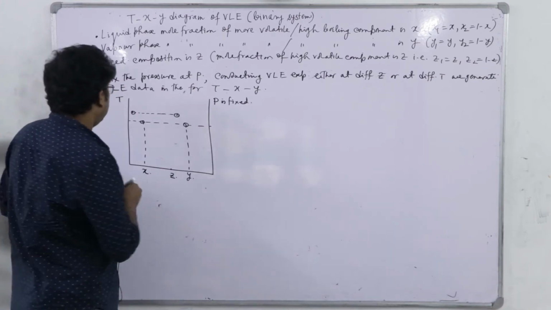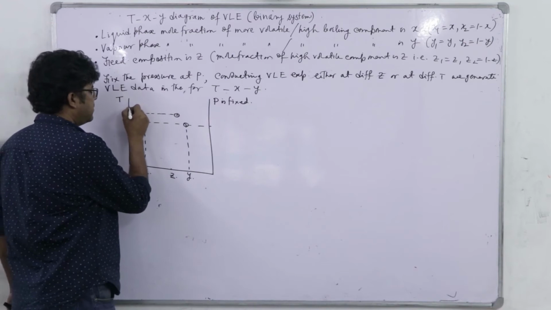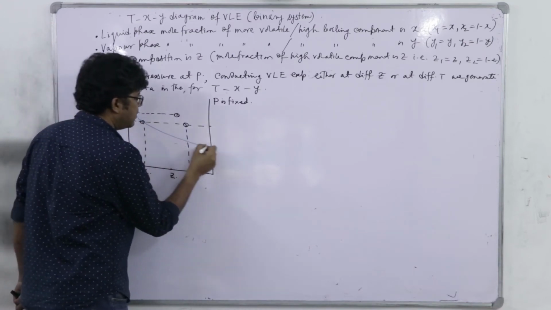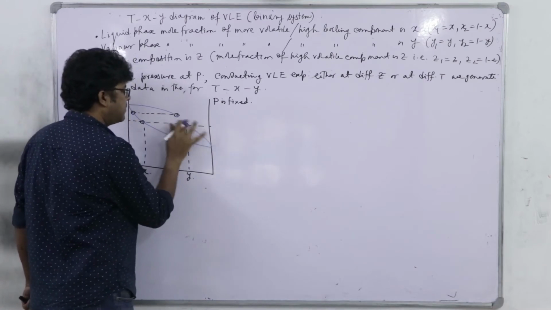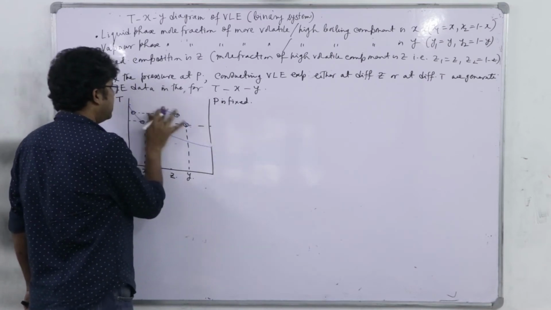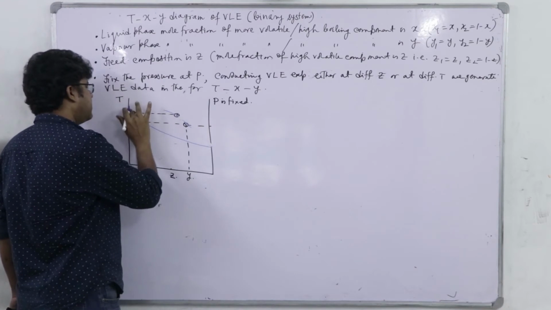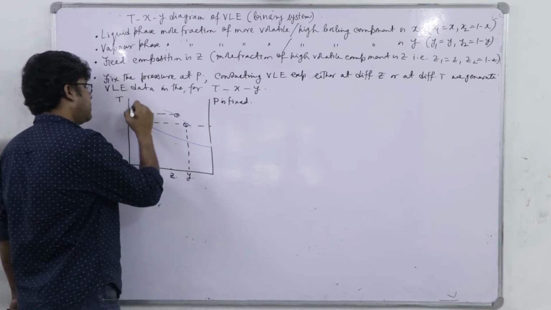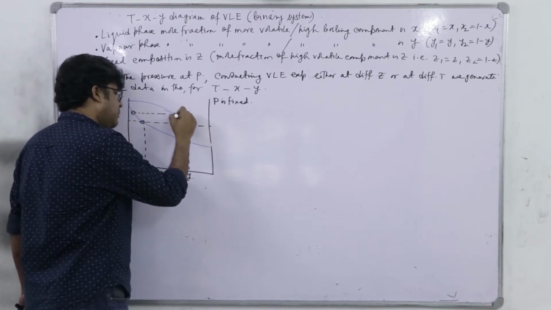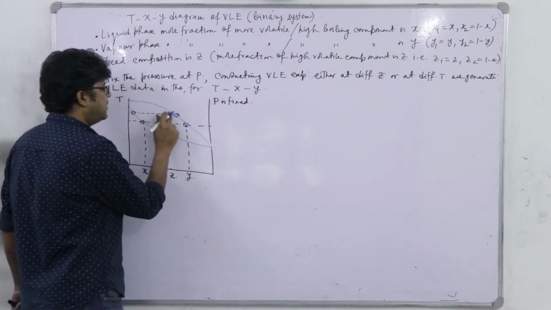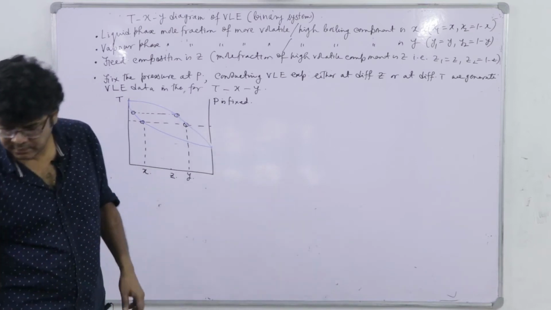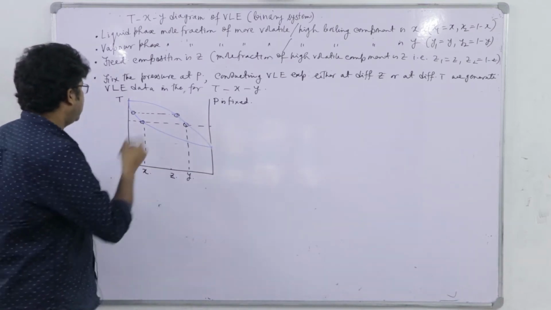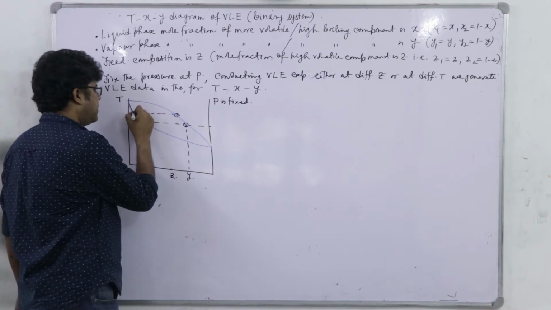So now if I join them by a smooth curve, I will get this sort of curve, right. Okay, let me draw it in black ink.